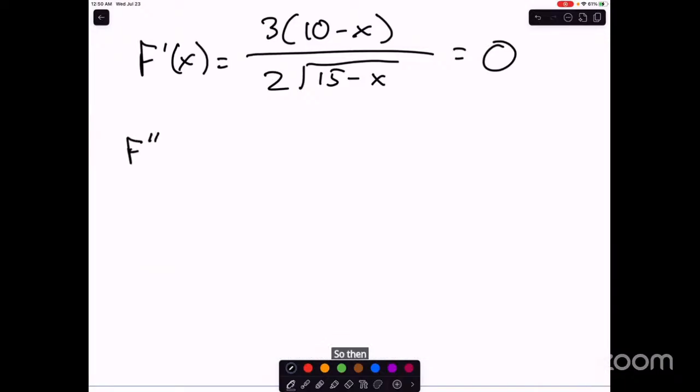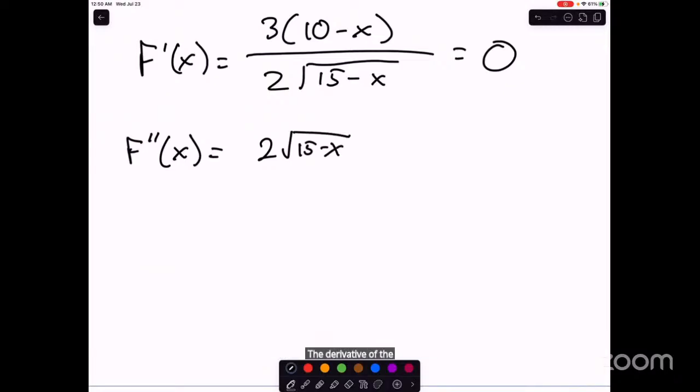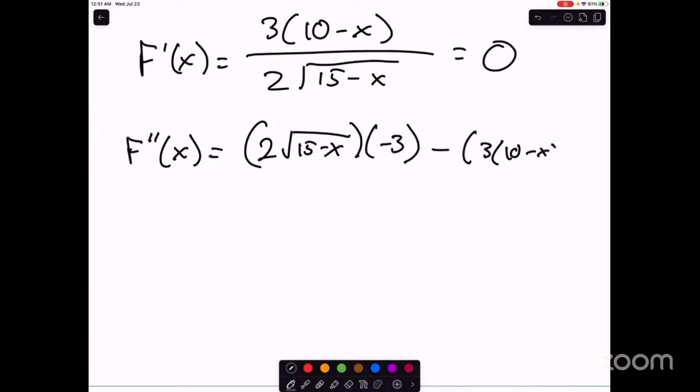So f double prime of x, low d high minus high d low over low low. So the bottom, which is this guy, times the derivative of the top, which is just a -3. So that's the bottom times the derivative of the top minus the top times the derivative of the bottom.